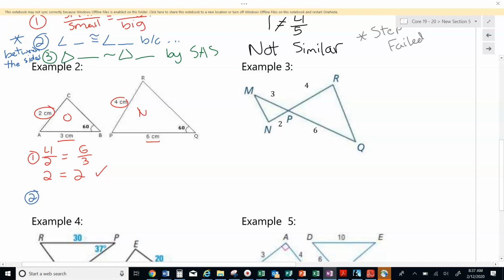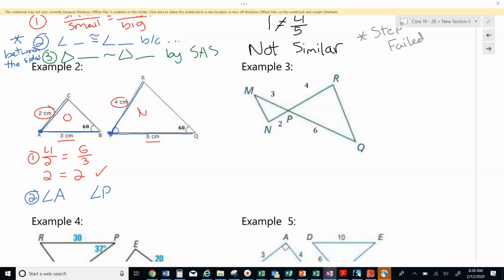Step 2, the angle between the two sides. So this side here and this side here are where my 2 and my 3 are. The point where those two sides meet is A. I have to look at angle A. Same thing, this side here and this side here. They meet at P. So those are the angles I have to use.